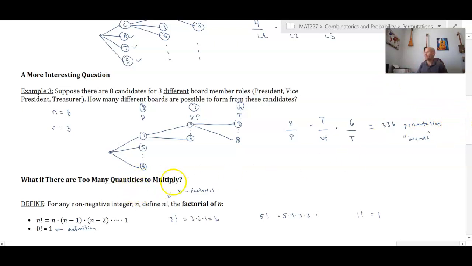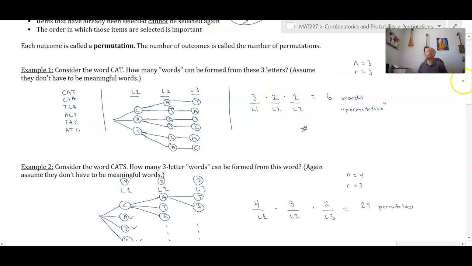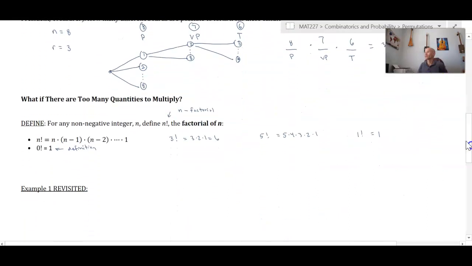All right, so we can obviously use this in some of what we've encountered already. At least in example 1, we had 3 times 2 times 1, which we could write as 3 factorial. Now let me write something here that might seem obvious, but you'd probably agree that 3 times 2 times 1 is equal to 3 times 2 times 1 divided by 1.